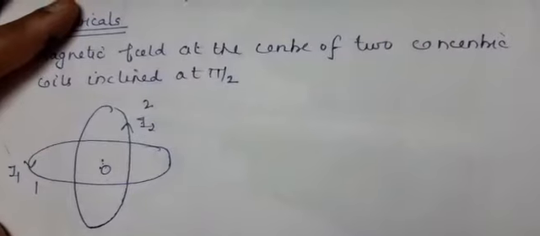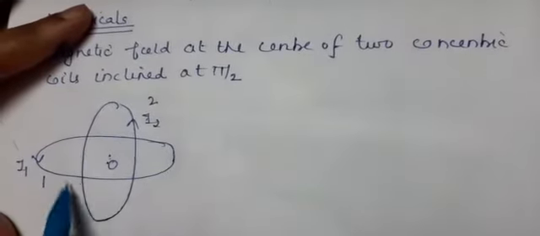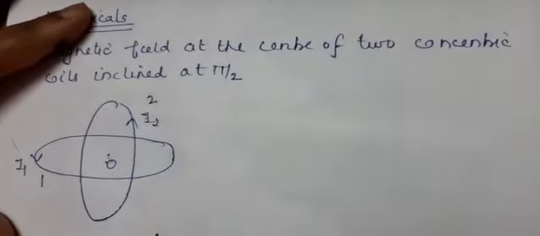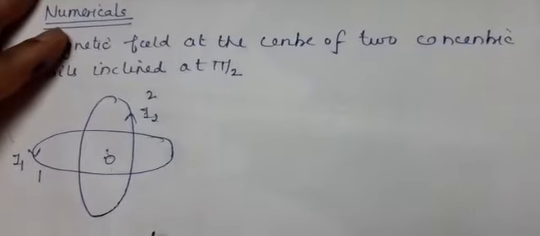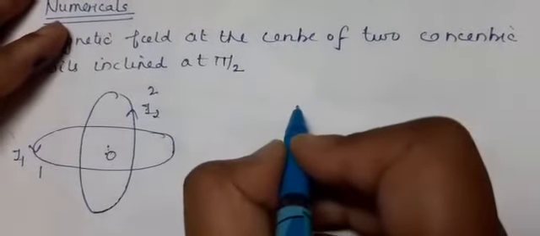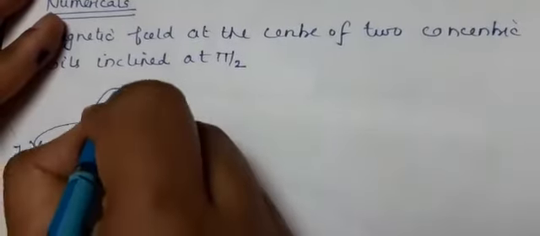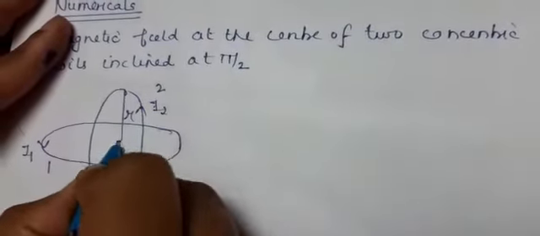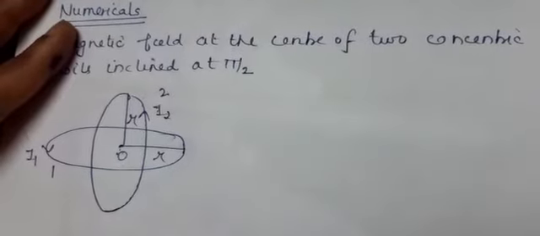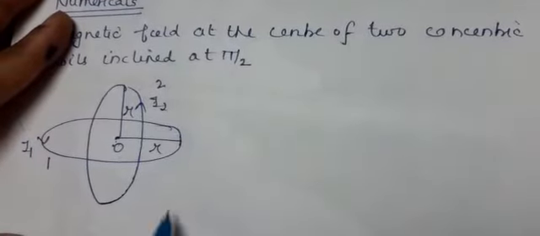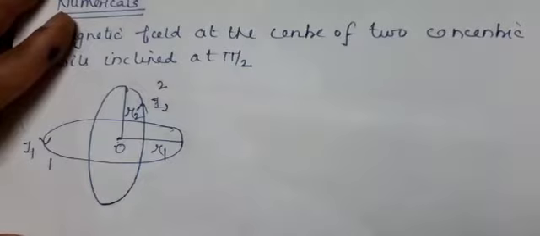So if I take the magnetic field at the center of the circular coil, what will I do? One more thing: the radius of the loops is not mentioned. Radius can be different, radius can be the same. Let me take different radii first.